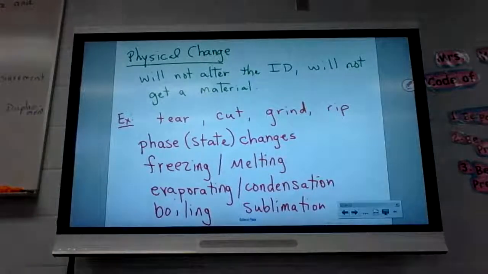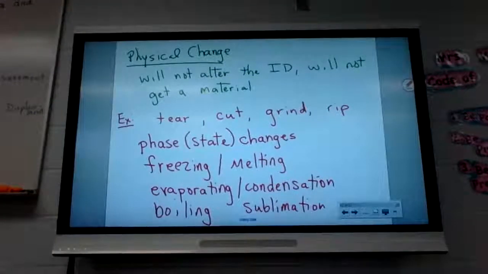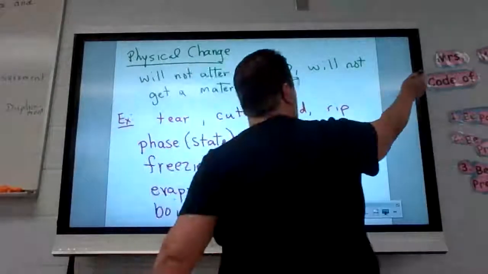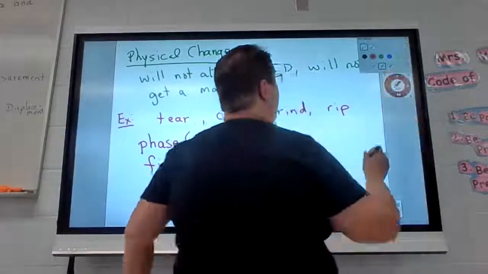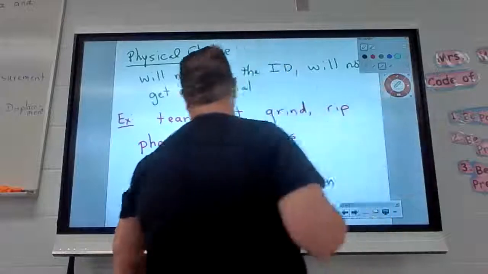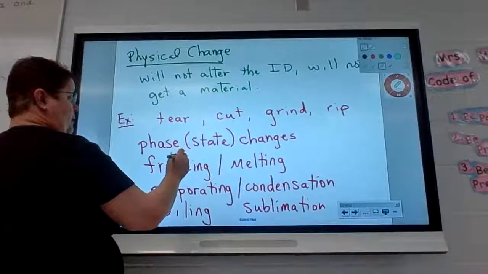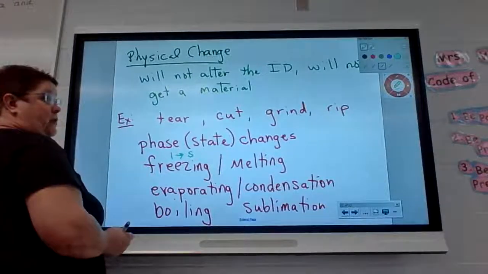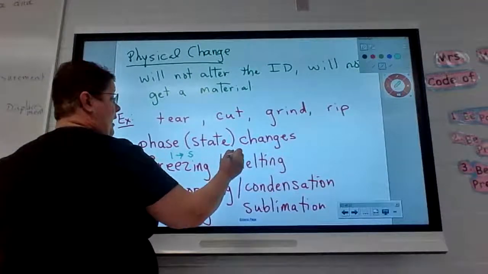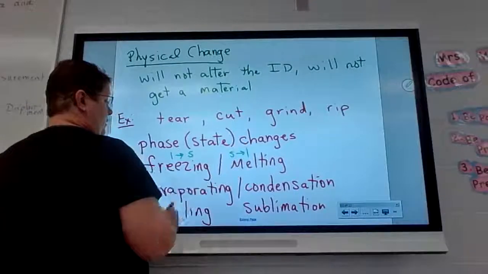But freezing, melting, evaporating, condensation, and boiling, I'm sort of assuming we already know those. Am I assuming correctly? Yes. Anybody not okay with those? If you are, just tell me. All right, freezing starts as a liquid and changes to a solid. Melting starts as a solid and goes to a liquid.